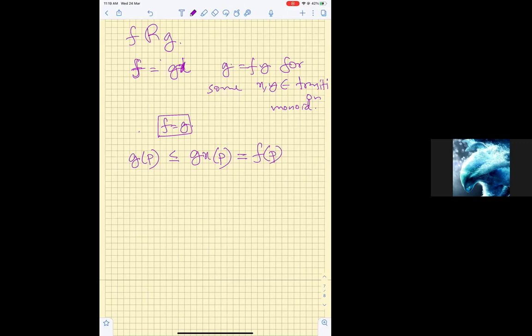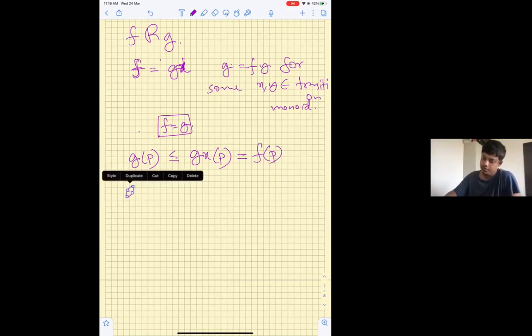And similarly the other direction. Similarly, F of p is smaller than or equal to FY of p, which will be equal to G of p.